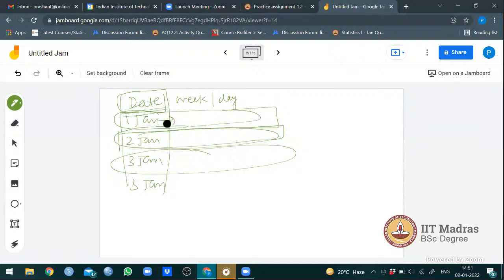Suppose 1st January is Saturday, 2nd January is Sunday, and then Monday.